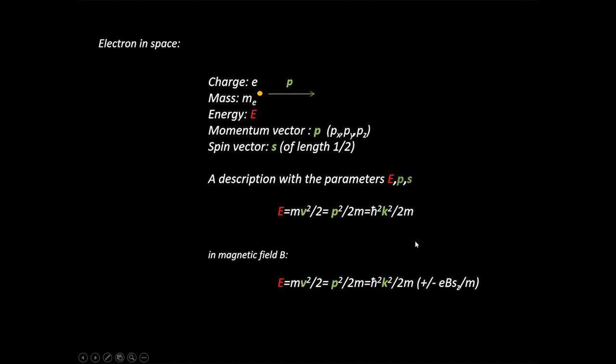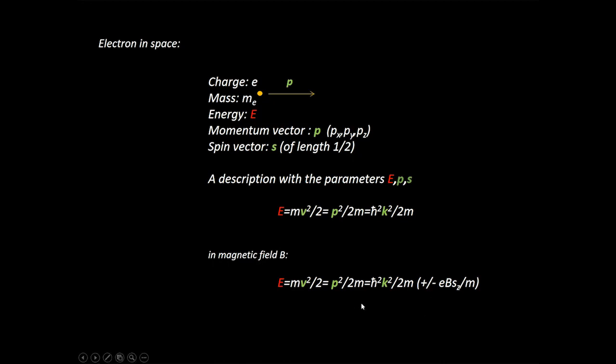If you have a magnetic field in this space, then to the energy you add some additional factor, because the spin is then oriented. It interacts with the magnetic field, so it's going to spin up, spin down. So either you add some energy or subtract some energy. This is this additional factor here.